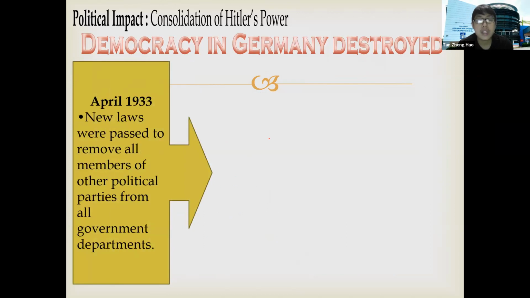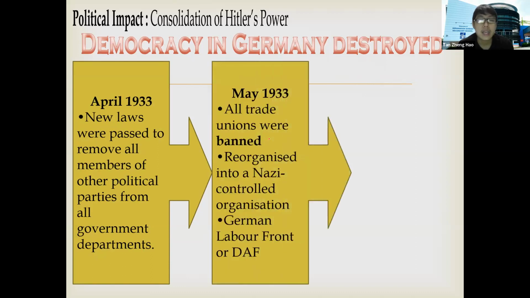So you see, after he acquired full powers, he imposed more laws to stop other parties from existing. He banned trade unions. Trade unions, for those of you who forget, are supposed to represent workers, like worker leaders.